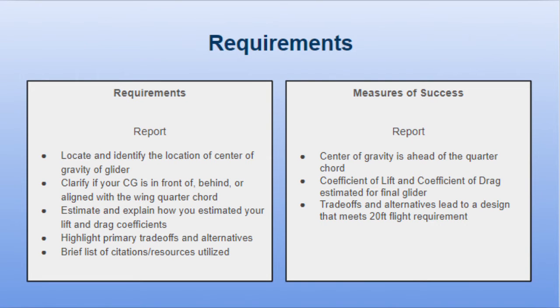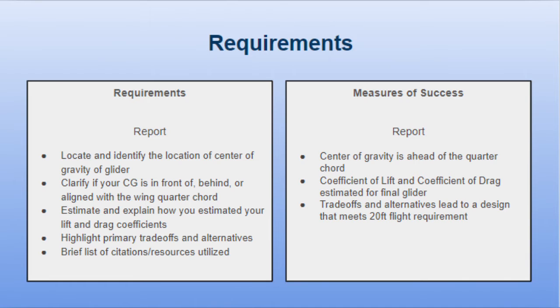For the requirements of the report, I mentioned that the need is to locate the center of gravity relative to the quarter chord, estimate and explain the estimation of the lift and drag coefficients, and highlight the primary trade-offs and alternatives.